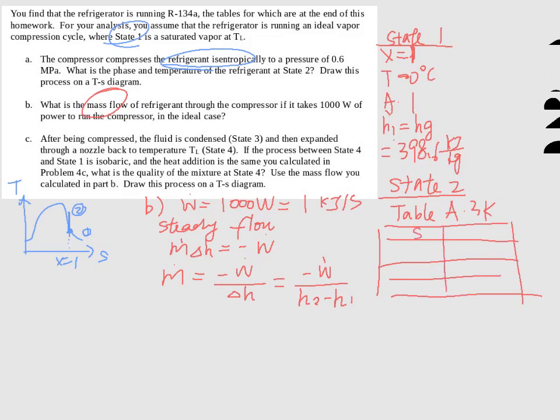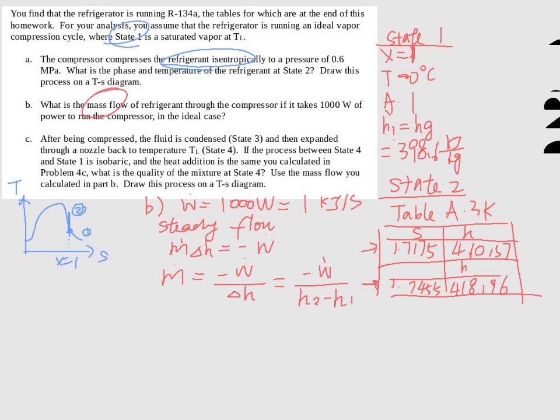So we're going to have our S, 1.7175 and 1.7455. So this is the first row, and this is the second row in the table. And then we know the H is 441.057 and 418.96.